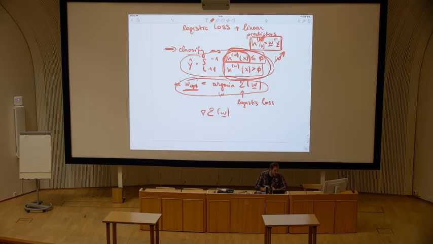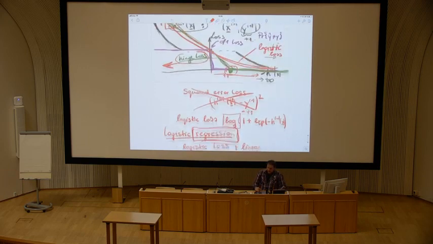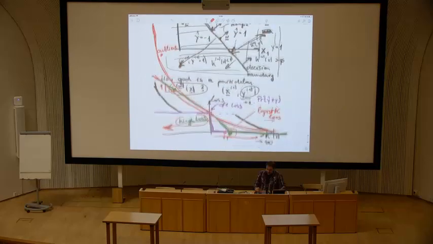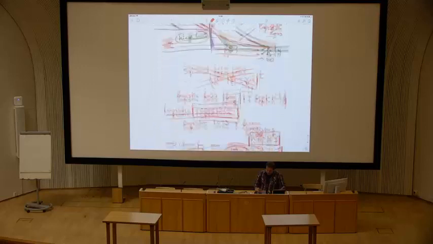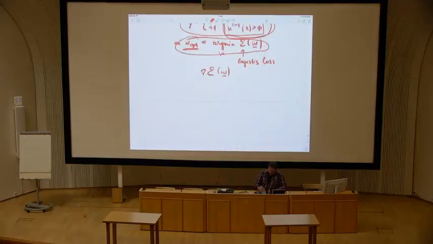Yeah. So how does this work when you have more? So the question was, how does this work when we have more than two labels? For example, when we have three categories.